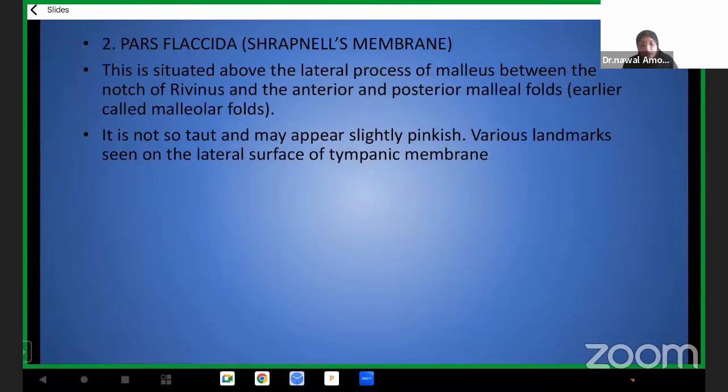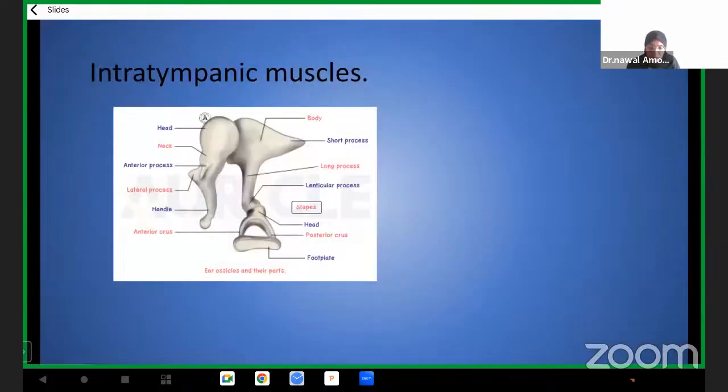So pars flaccida is situated above the lateral process of malleus, between the notch of Rivinus and the anterior and posterior malleolar folds. It is not tightly attached; it is somewhat loose and can appear pinkish. All right, that's all about pars flaccida. Remember to write the word Shrapnel's membrane in the exams. You can get an extra tick of marks.